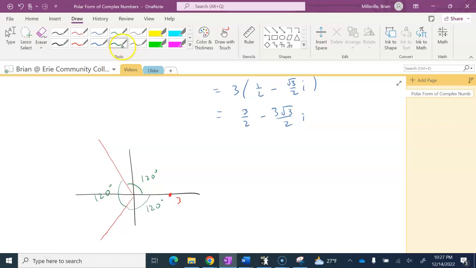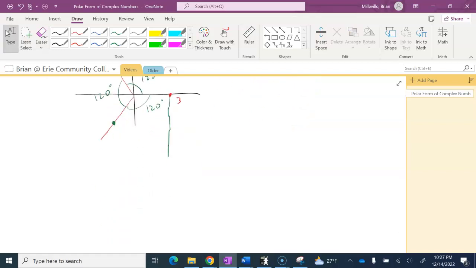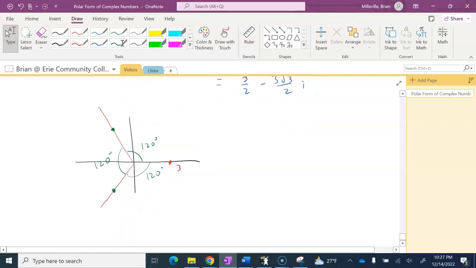All right, so then the next one we would end up plotting would be 3 units away from 0 along that terminal side. Then the third one that we computed would be, again, 3 units away from 0 along that terminal side of that angle. So there is computing and then plotting the 3 cube roots of 27.